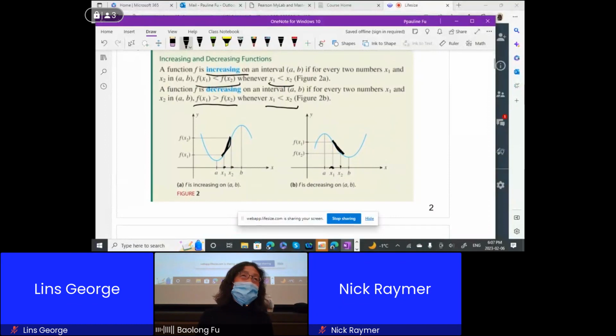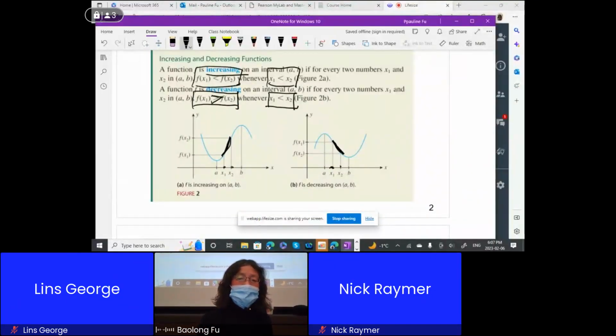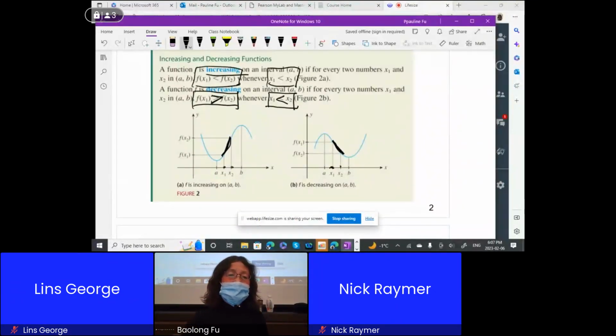One simple way to remember is looking at the direction. When x1 is smaller than x2 and f(x1) is smaller than f(x2), this is increasing. When x1 is smaller than x2 and f(x1) is greater, the sign changes. This becomes greater when this is smaller. That is the decrease. Another way to say increasing: if x1 is greater than x2 and f(x1) is greater than f(x2), this is increasing.